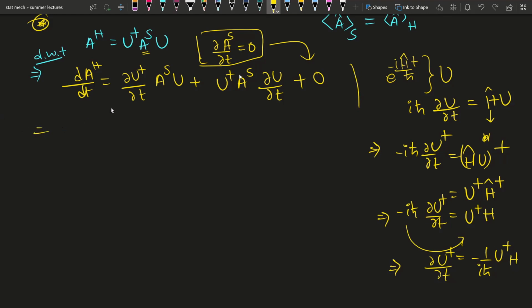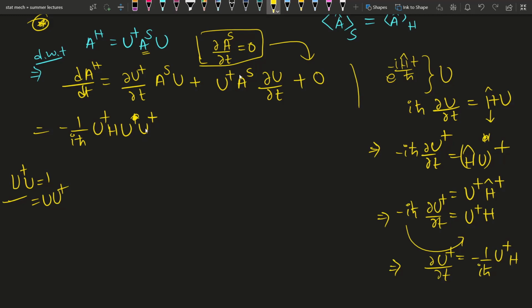So just put this thing here, you will get minus 1 over i h cut and then U dagger and H. Now we know that U dagger U is equal to 1, so just put this unity here, U dagger and then U, or it is also equal to U U dagger, so I can write the inverse like this.